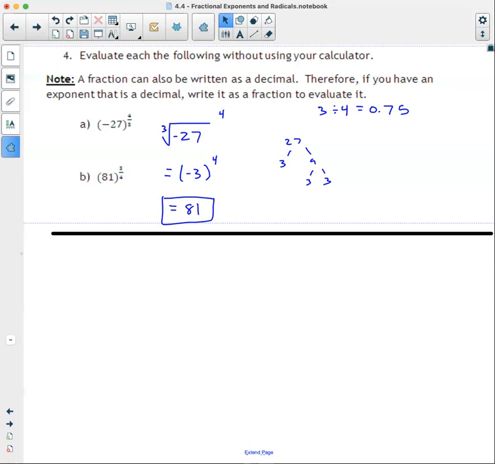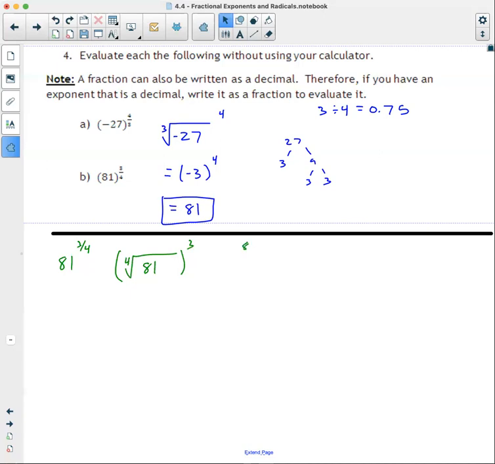Next, we will do 81 to the exponent 3 over 4. Okay, so the denominator of the fractional exponent tells us the index that we're taking. So we're taking the 4th root of 81 to the exponent 3.